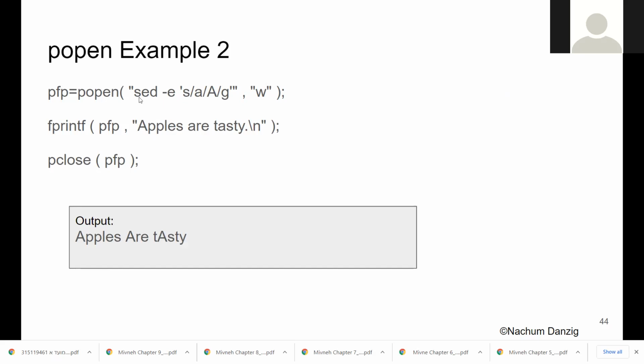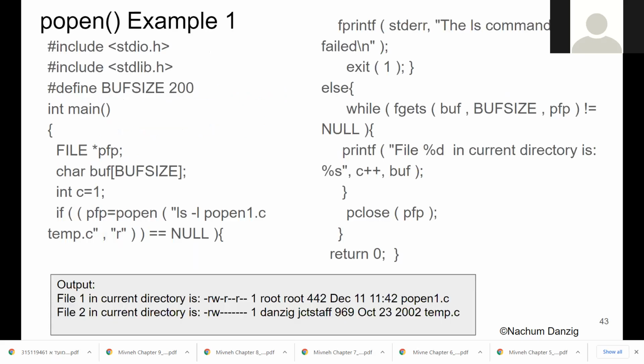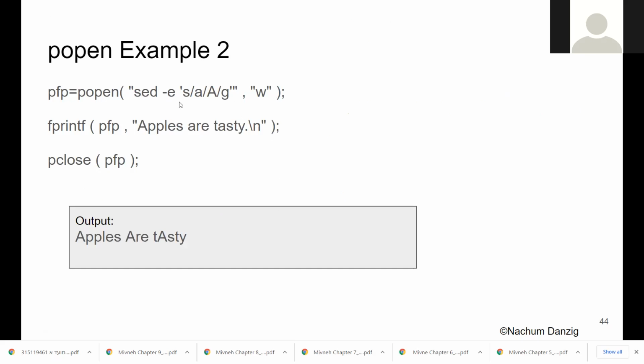In other words, this is what the pipe has in it, essentially. So it's on the other side of the pipe. Think about it. If I read an R here, then this is what's on the left side of the pipe. If I read a W here, then this is what's on the right side of the pipe. Right, R-I-G-H-T. Because I intend to write to it, this is on the read side.